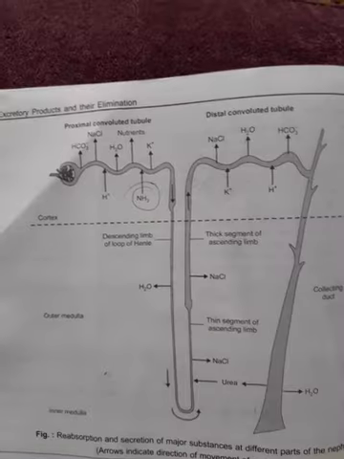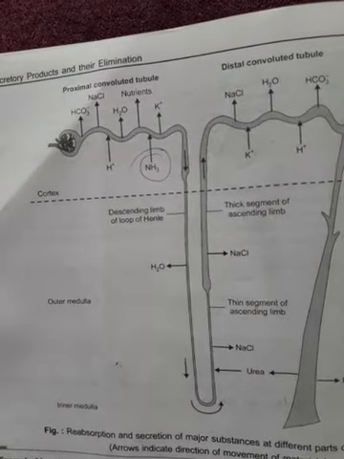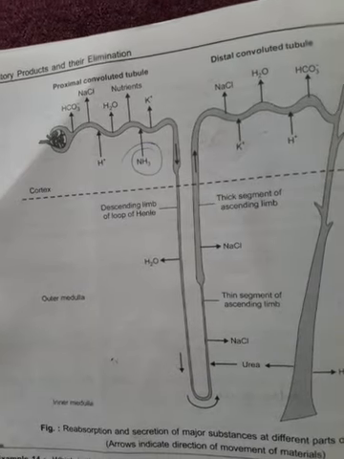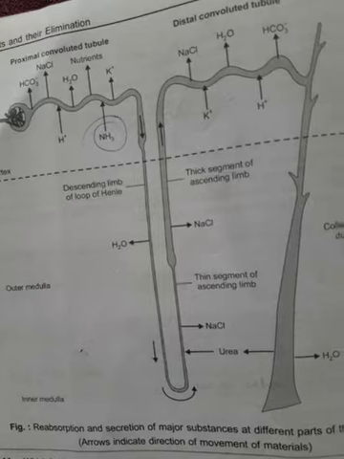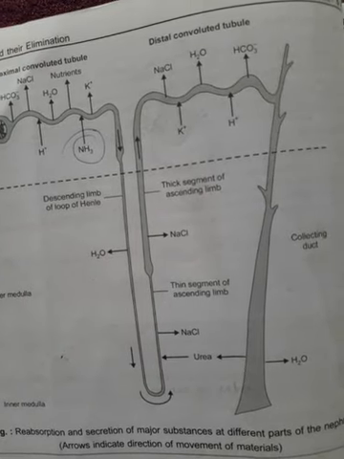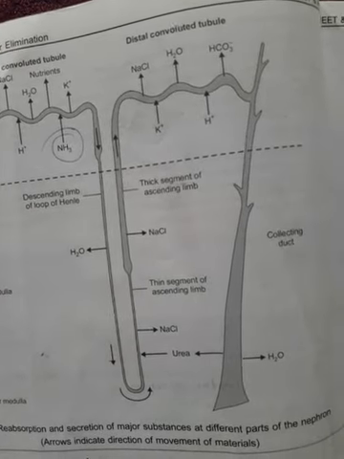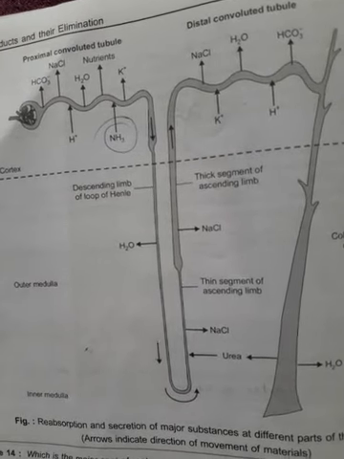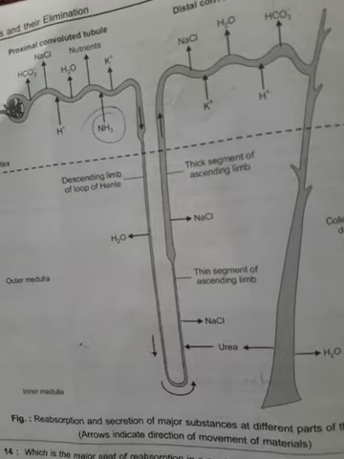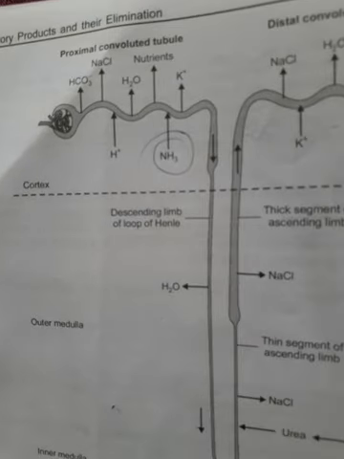This figure shows the reabsorption and secretion of major substances at different parts of the nephron. Arrows indicate direction of movement of materials.